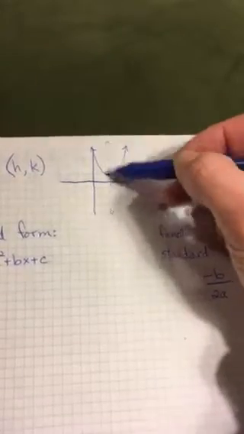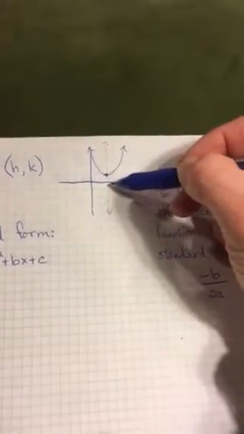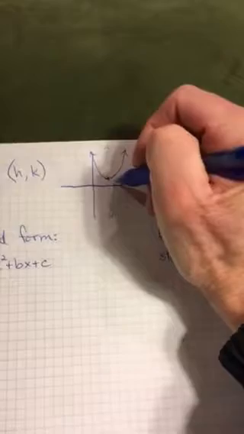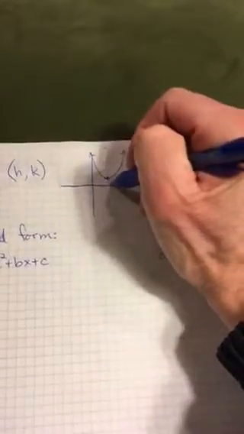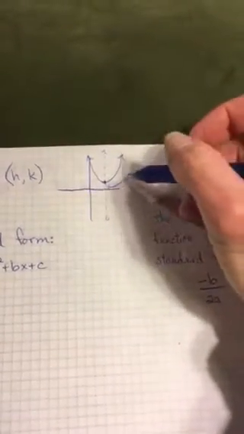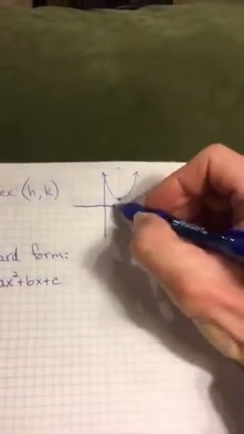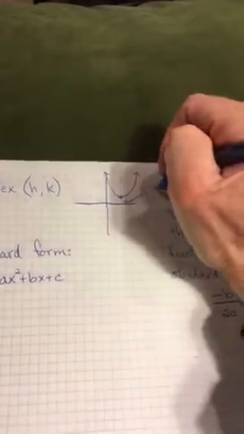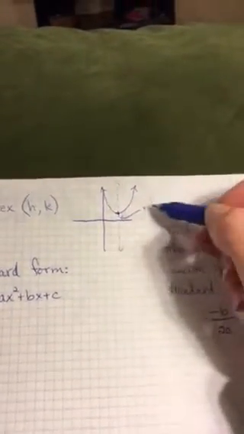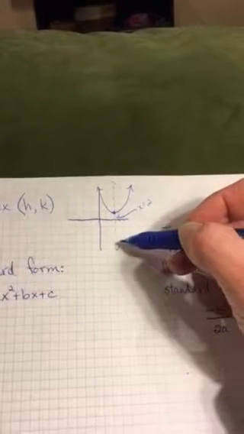So this line of symmetry right here has an equation, and this will be x equals 2. That is the equation of the line of symmetry.